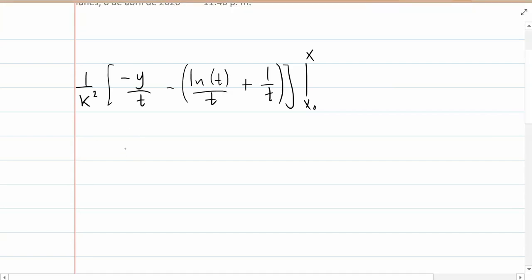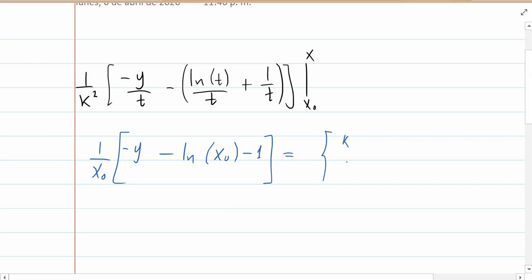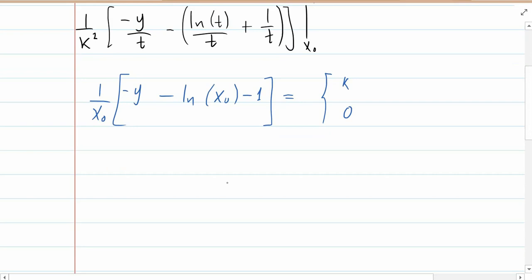So let's take a look. We need negative y over x naught minus natural log of x naught. We're gonna make x naught the common term, minus 1. We need this to be equal to k or 0. 0 ideally, that makes things easier, but k is also alright.